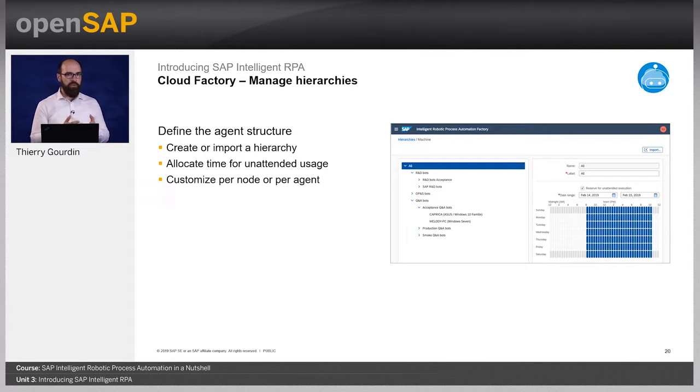You will assign properties to these hierarchies to define time frame availabilities or organization between users and machines. For example, you can reserve time for unattended usage as shown on the screen. This feature is useful when you have machines running attended and unattended jobs. Then you would reserve night time for unattended jobs so that the machine owner won't be bothered with automatic jobs popping out during the workday.